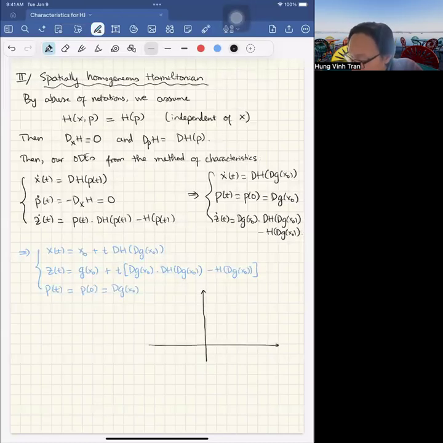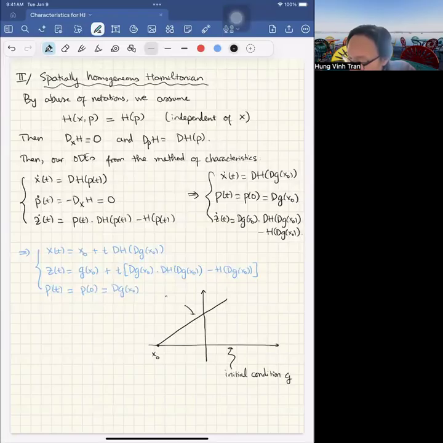Okay, so let's say we start from x naught here. We are given the initial condition g. So given g here, I know the gradient dg, and I know the direction dh evaluated at dg of x naught. So our characteristic curve is just a straight line right here.